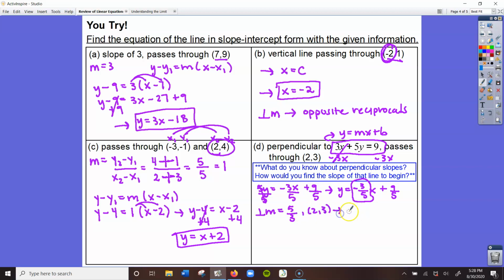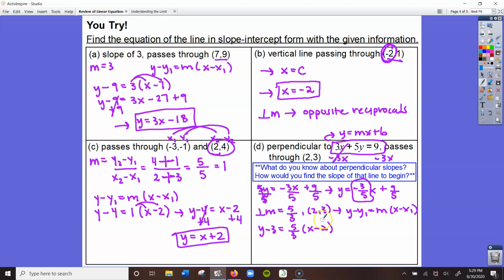And we're going to plug it in to y minus y1 is equal to m times x minus x1, which is point slope form. So let's plug it in. So we have y minus 3 is equal to 5 over 3 times x minus 2.